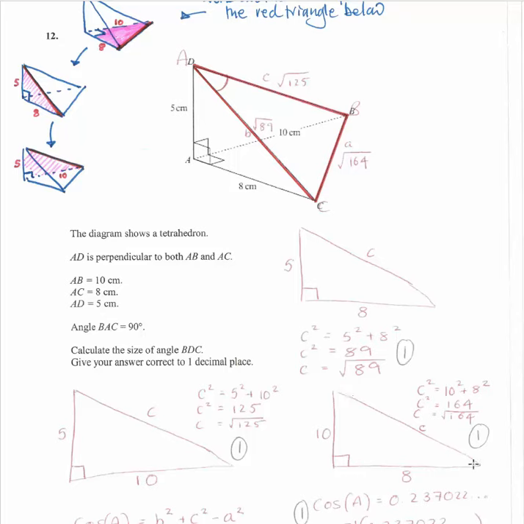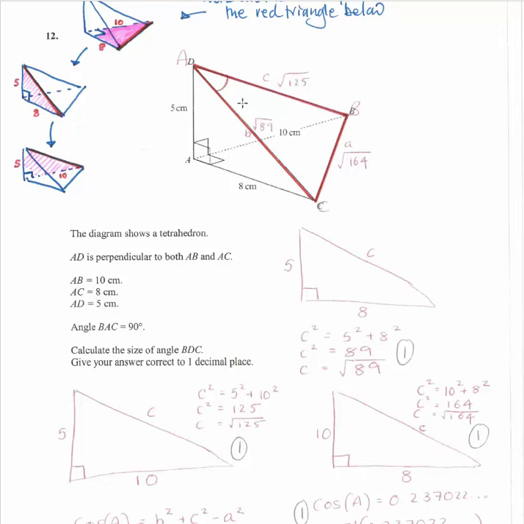In the same way, this side here is the hypotenuse of this side face, where this is 5 and this is 8. So once again, 5 squared plus 8 squared equals that squared. That gives you 89, and once again they've left it as the square root of 89 rather than writing it as a long decimal.